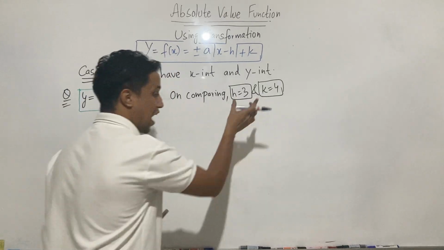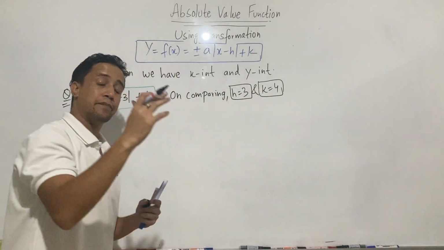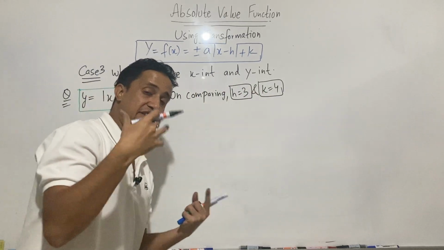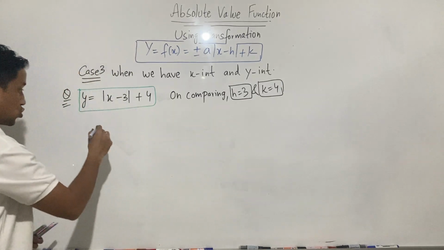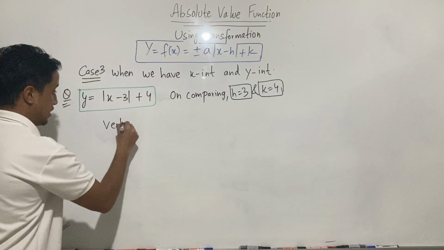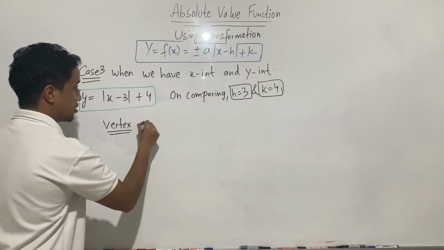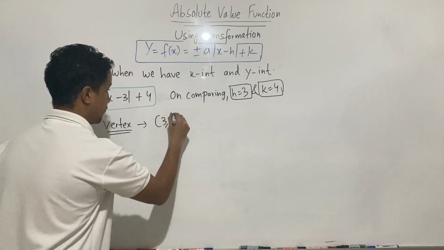If I write them in the form of an ordered pair, the vertex is going to be at (3, 4).